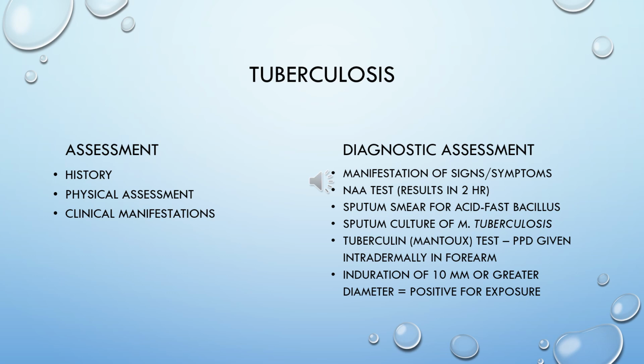They may not actually produce a reaction to a TB skin test because their body does not have the ability to react to it. And this is something called anergy, where they may test negative when they're actually positive, because of the body's lack of immune system to create the response that it would normally create if the patient had an active working immune system.